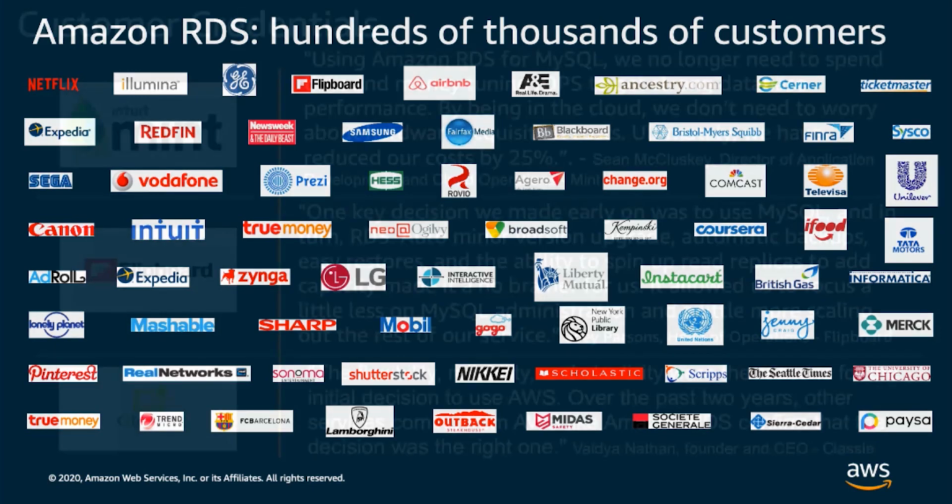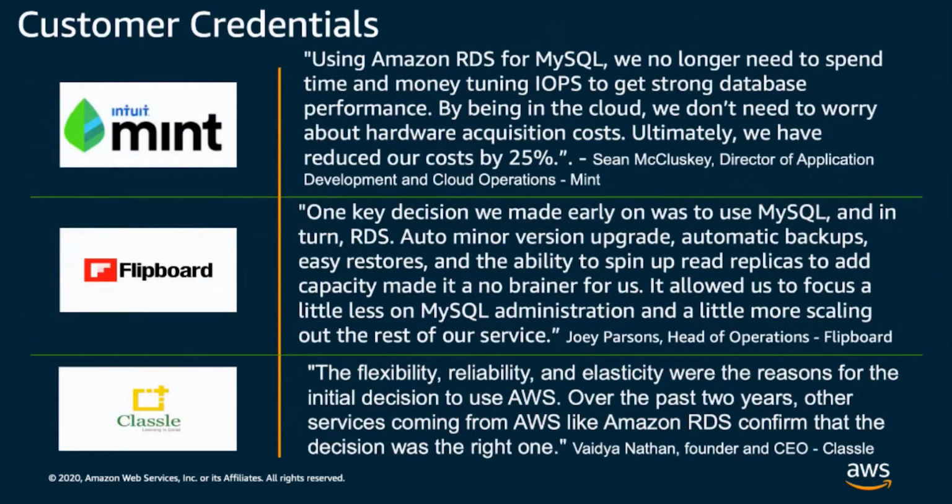Right, so for today's discussion, let's look into some of the RDS MySQL customers and their use cases. Mint is a free online service that helps customers manage personal finances and track bills in a single location.